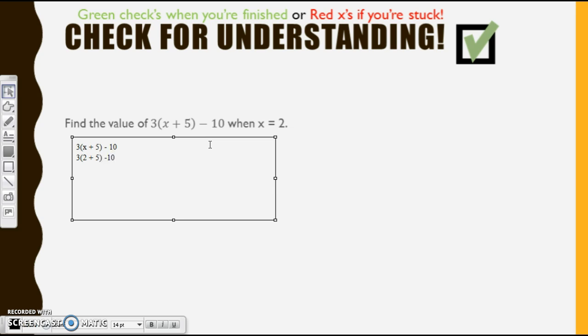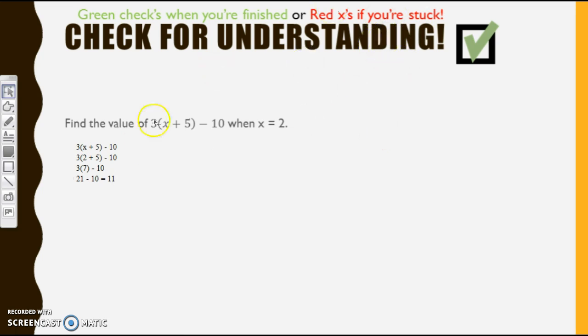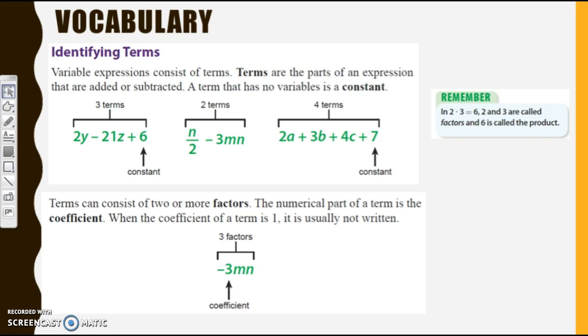Then I'm going to follow the order of operations. So 2 plus 5 inside the parentheses, because PEMDAS says I have to do parentheses first. 2 plus 5 is 7. Then I do 3 times 7, which is 21, minus 10, which is 11. So that is how you do that one.